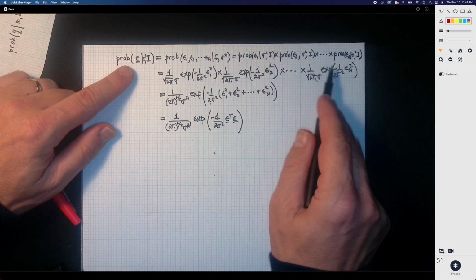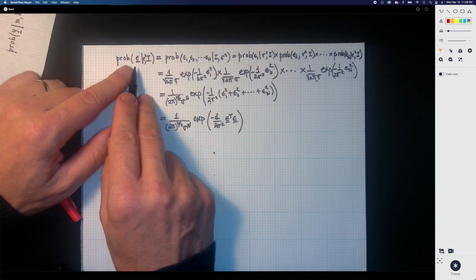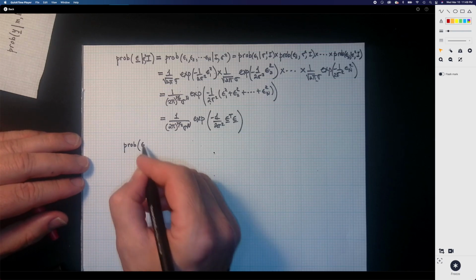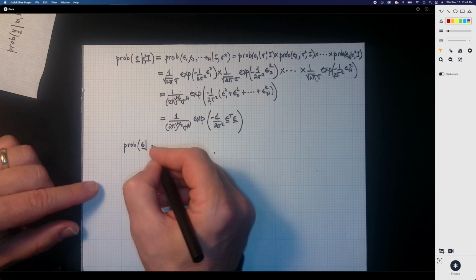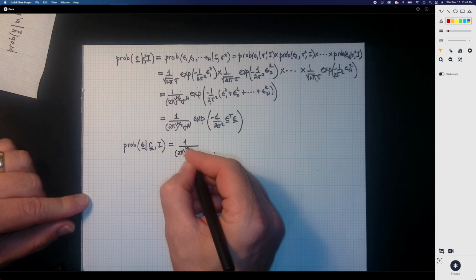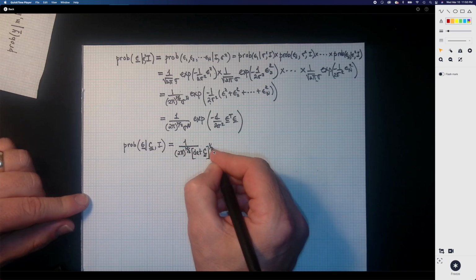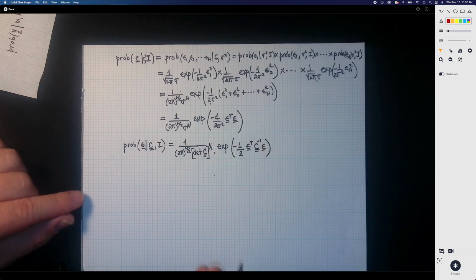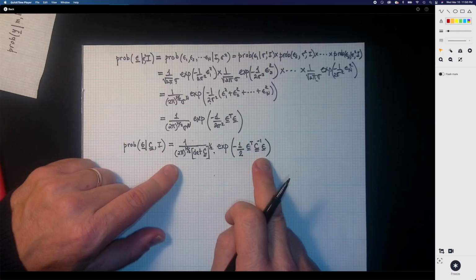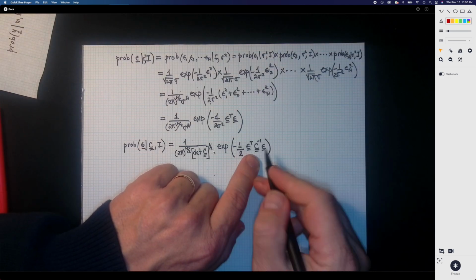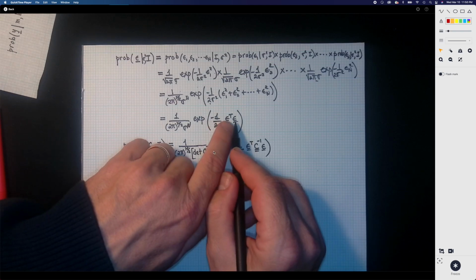Alright, so this was where I've written this out by using the fact that the components of epsilon are all independent. Now I could also write it directly as a multivariate normal distribution right from the outset, and that would be the following. And here I'll write down what the covariance matrix is. So this is the general form of the multivariate normal distribution with a covariance C. So what you get is a C inverse sandwiched between the epsilon transpose and epsilon.